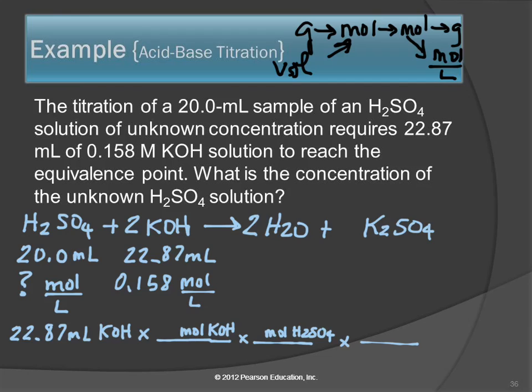Well, let's look at these first ones. Milliliters. For now, we're going to ignore the difference between milliliters and liters, because what I'm going to show you is that the conversion cancels out.